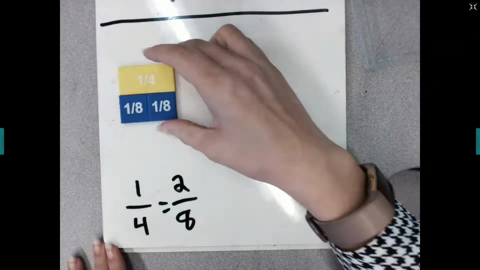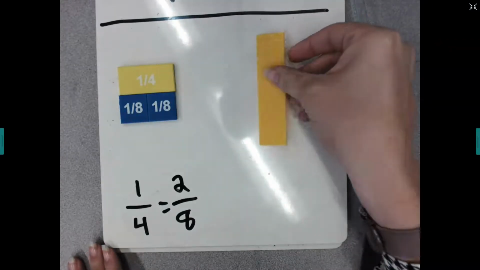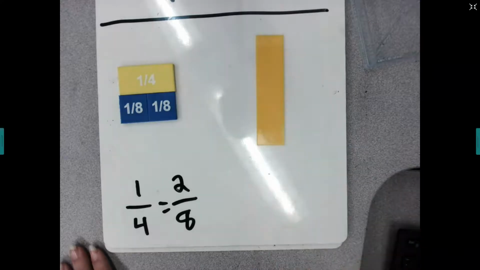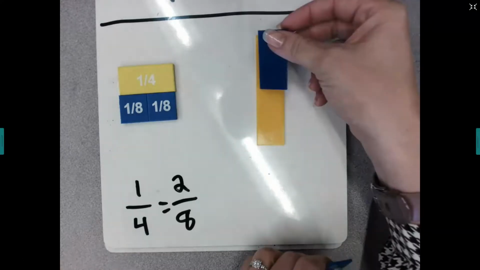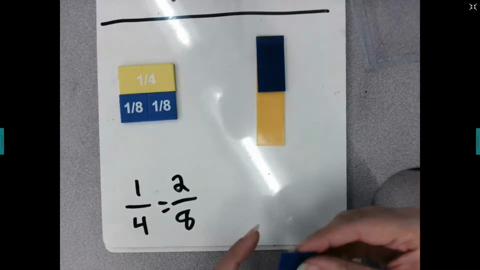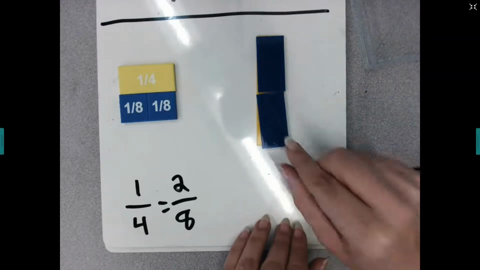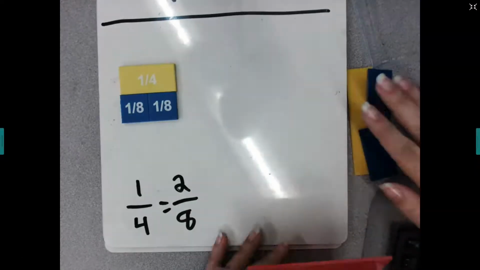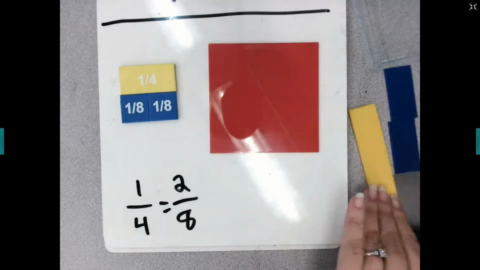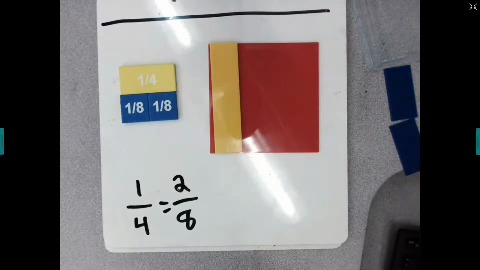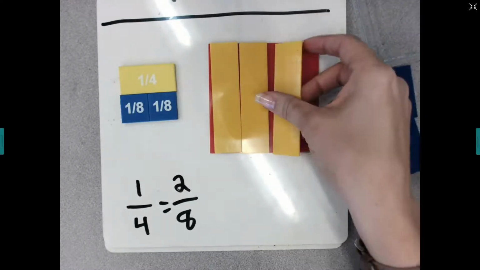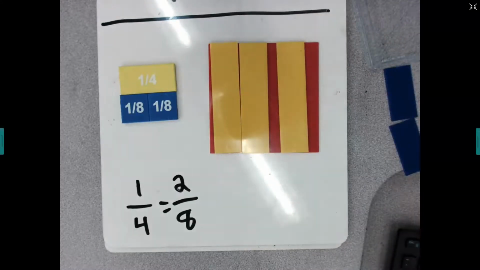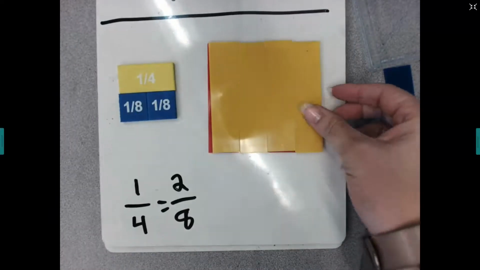You can also think about it mathematically. So let's look back here. This is my 1/4. 2/8 are equivalent to 1/4 because if we think back to our original whole, and we think back to our fourths, 1, 2, 3, 4, okay?